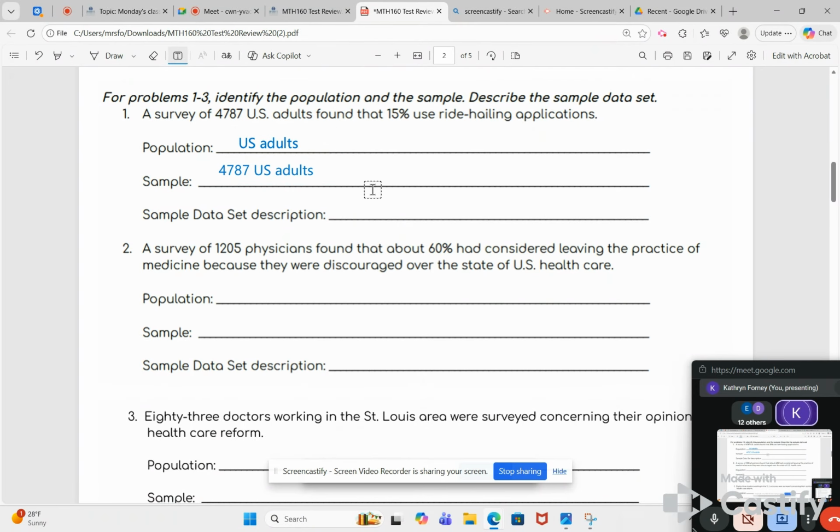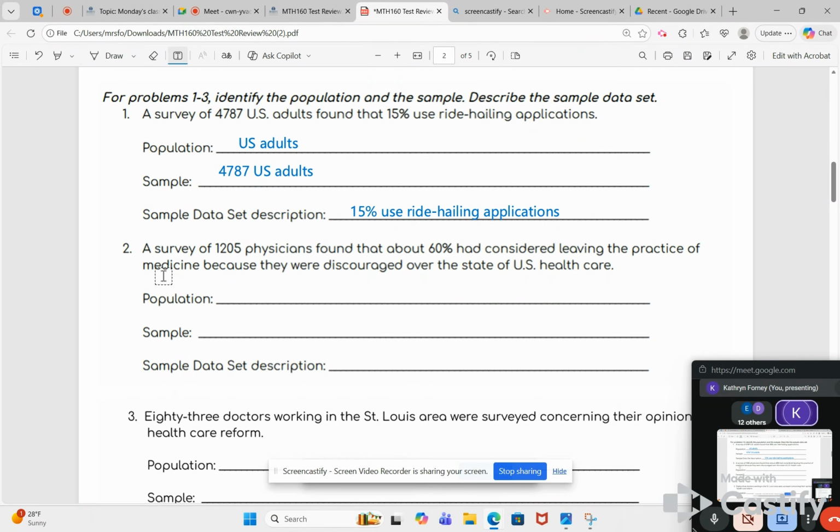So the population is the U.S. adults, and we're looking specifically at 4,787 of them. So the data set description is that this part found that 15% use ride hailing applications.